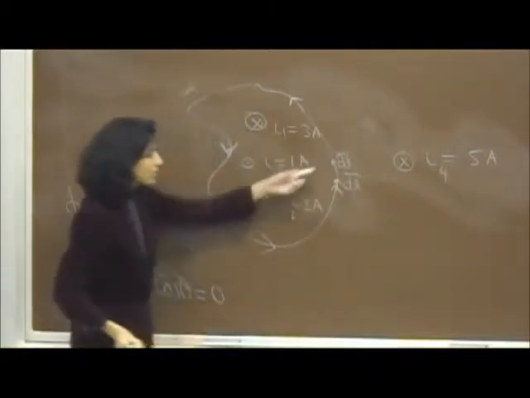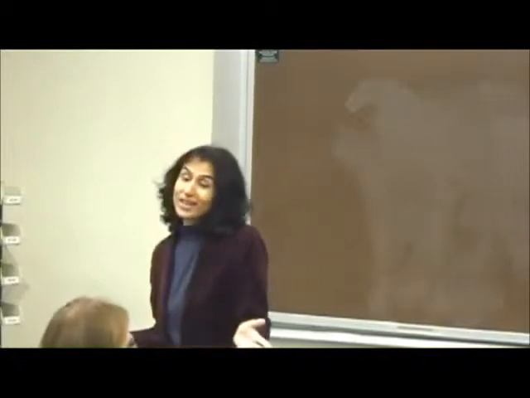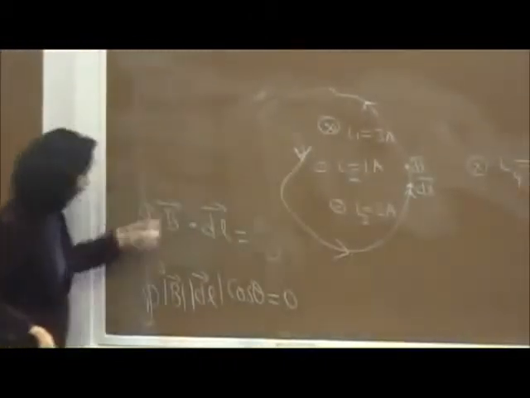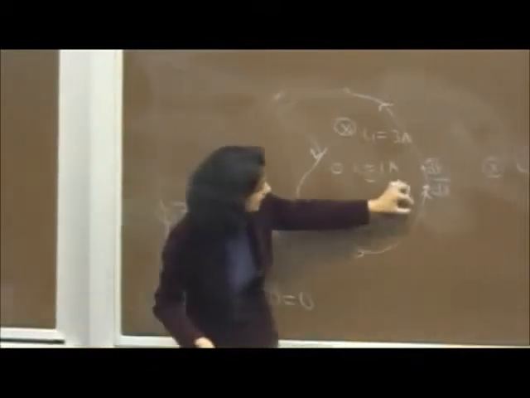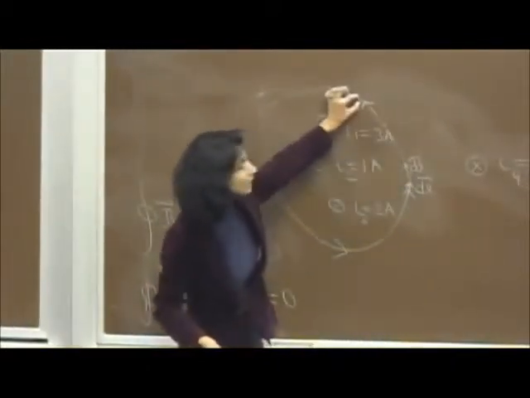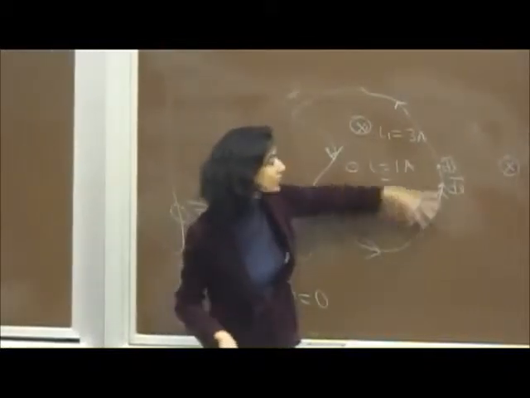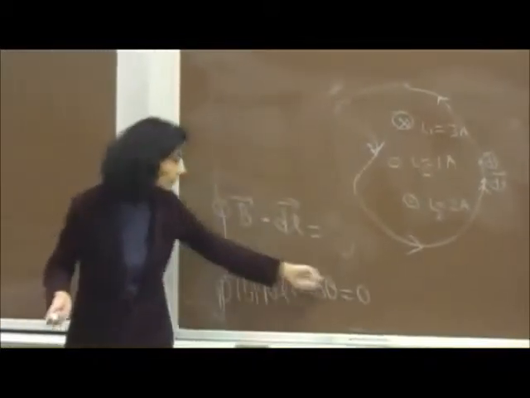In some places dl and the magnetic field are making an acute angle, and in some cases they are making obtuse angles, such that the cosine of something greater than 90 is negative and the cosine of something less than 90 is positive. So the contribution to this integral B dot dl from, say, this might turn out to be positive, and from here might turn out to be negative, such that the total turns out to be 0.